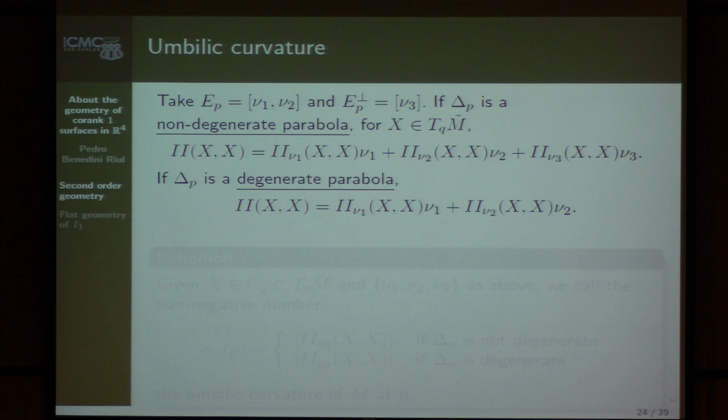Besides, it's important to see that I'm taking any tangent direction here, it's not a unit tangent direction.